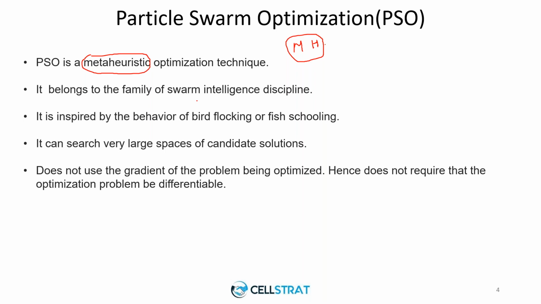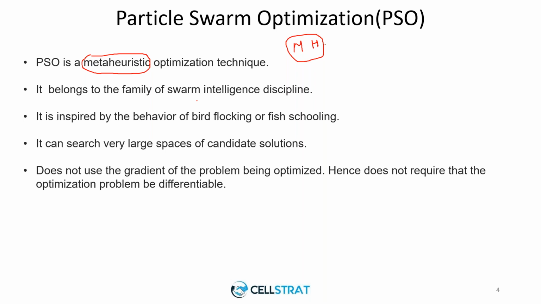Okay, another thing is it belongs to the family of swarm intelligence. So what exactly is swarm intelligence? Swarm intelligence refers to collective intelligence, which you can observe in social animals like bees, ants, birds, etc., where they interact with each other to solve a common problem.